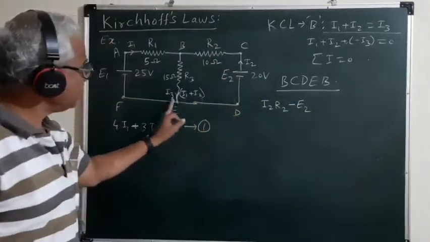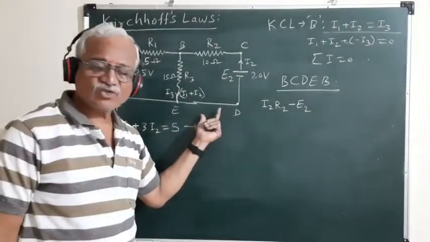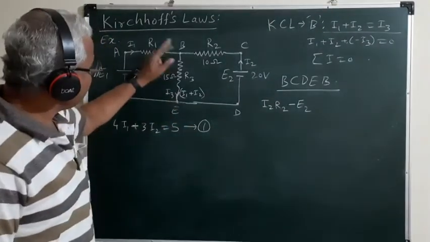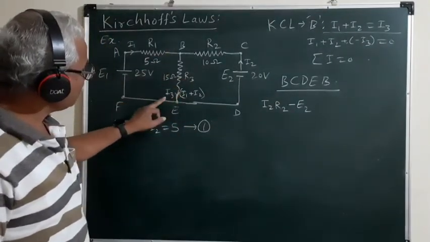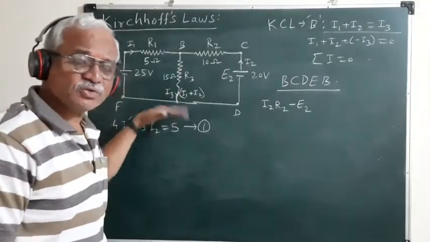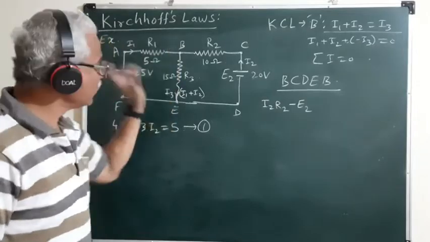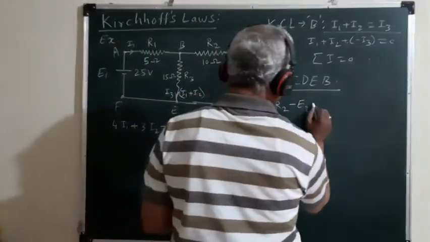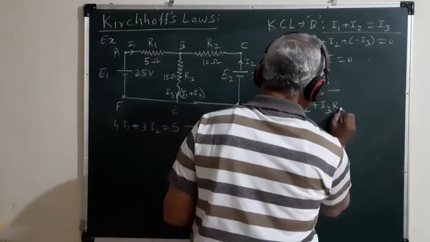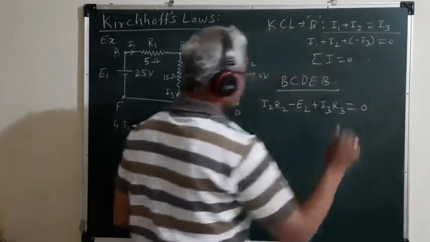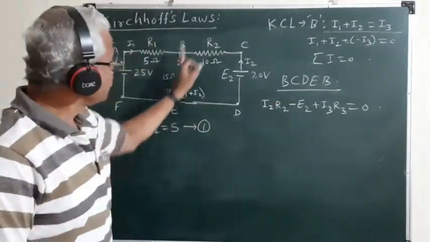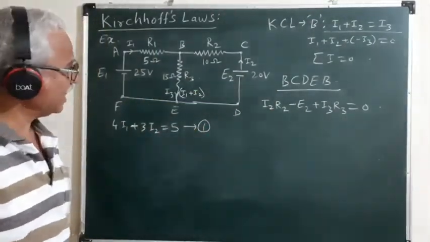Then the branch DE does not contain either a source of EMF or a resistor, and the branch EB contains the resistance R3 through which the current I3 is flowing in the direction opposite to the direction of traverse of the loop. So this term I3 R3 must be taken positive, and this must be equal to 0. So this is the voltage equation for the second loop in this network.